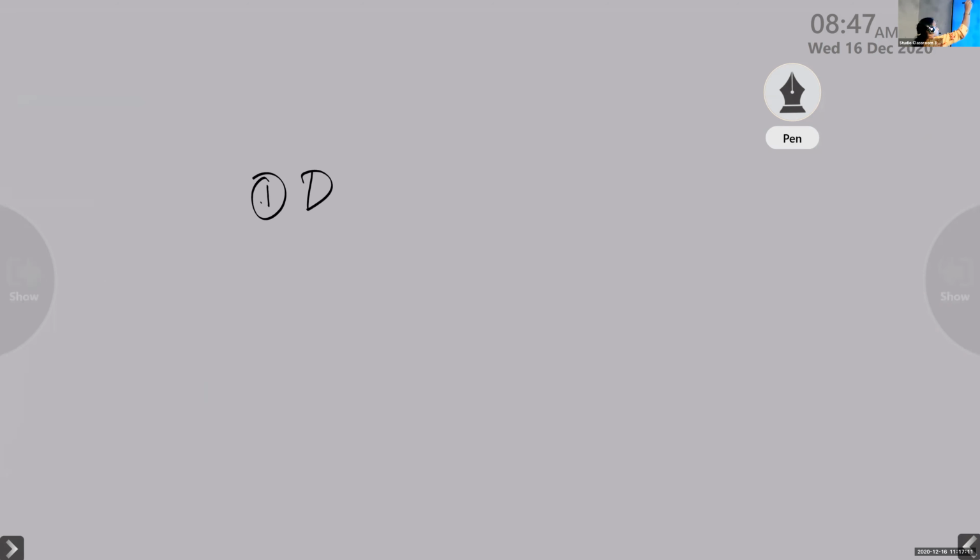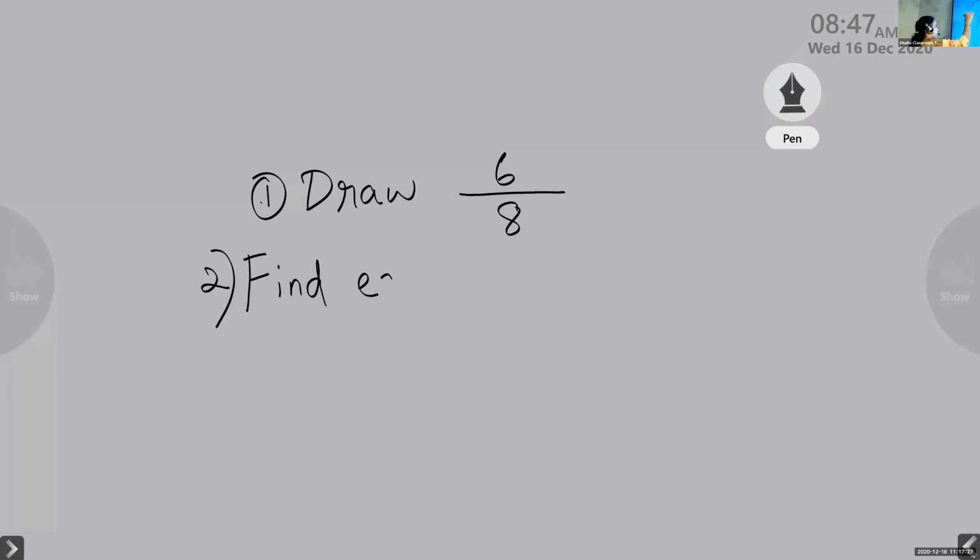Draw 6 by 8. Question number 2. Find 2 equivalent fractions.